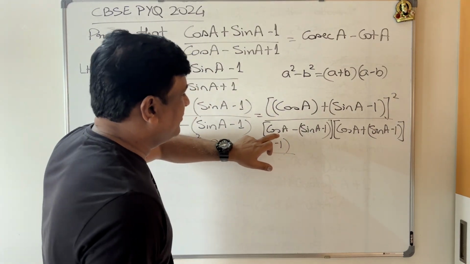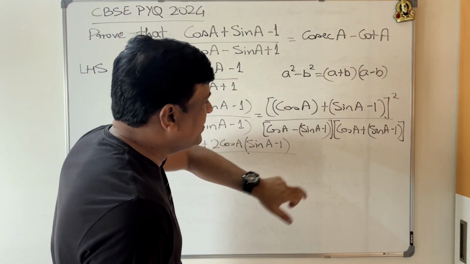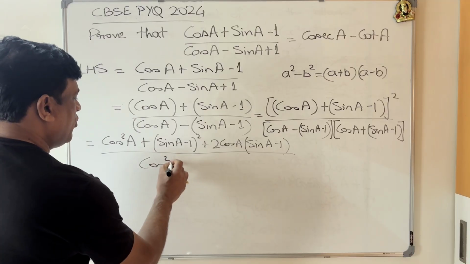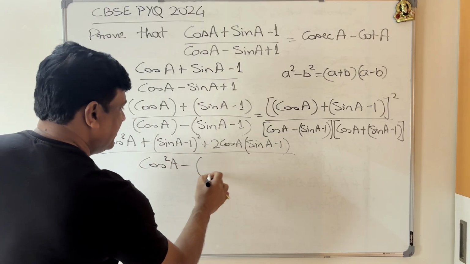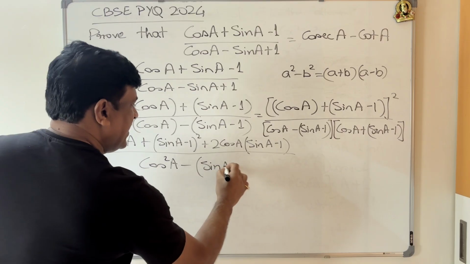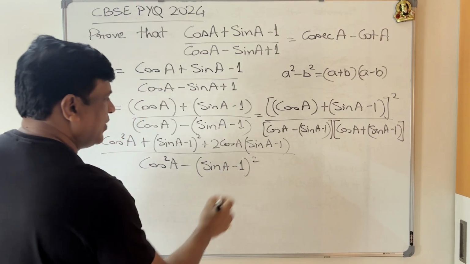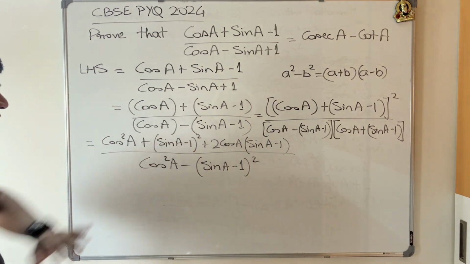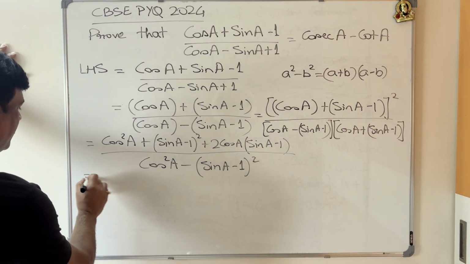Okay, now look at this one. This is A minus B and this is A plus B. So what do you get? You get cos square A minus sin A minus 1 whole square, which is A square minus B square. That's how you get it. Now let's go ahead and open this completely. So what do you get?